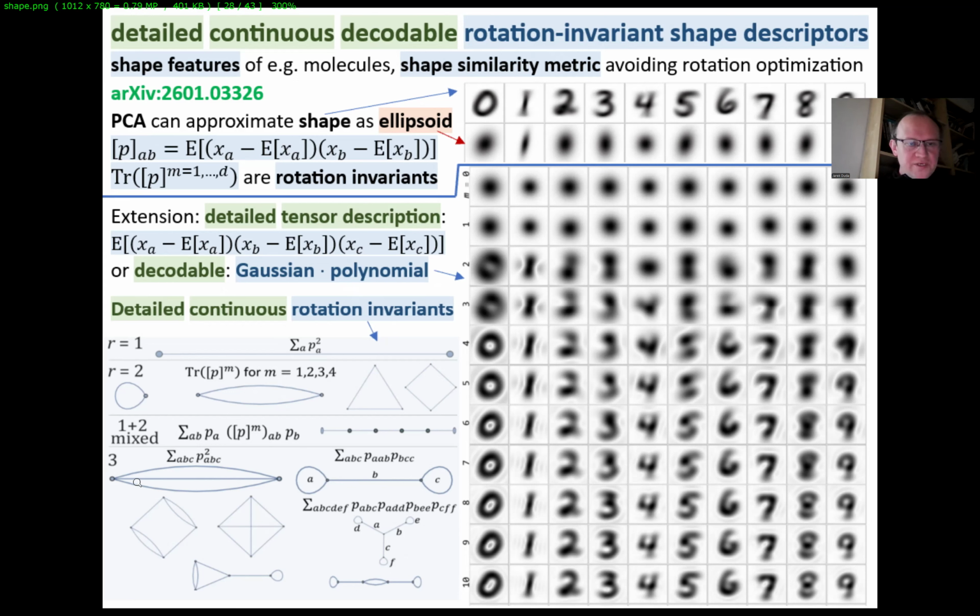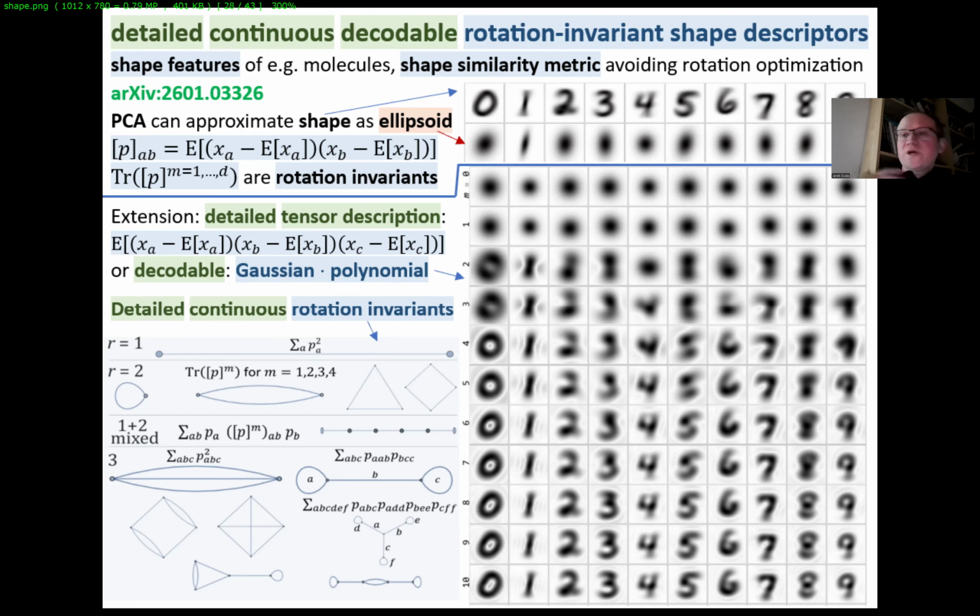So we have A, B, C, the three edges, and the three-index tensor squared. Here we have summation over A, so P_AAB, this part, times P_BCC. It is easy to check that all of them do not change if we apply the same rotation to all coordinates. So they form invariants.